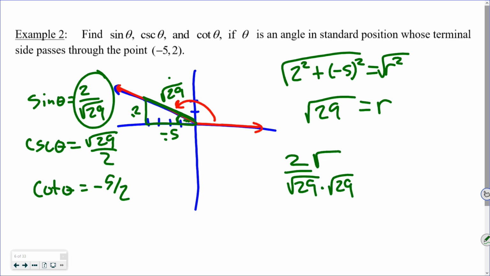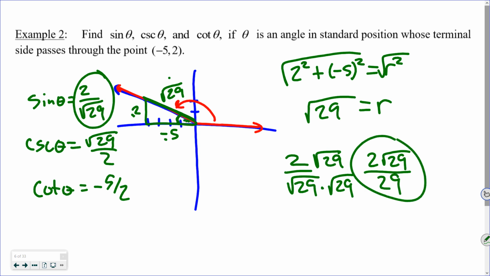So we times by the square root of 29. So that'd be 2 square roots of 29 over 29. And that would be if we rationalized the denominator. I don't necessarily care. You can leave the answer like this. But if you're taking a test, they may write the answer this way by rationalizing the denominator. You just have to recognize that they are the same thing.